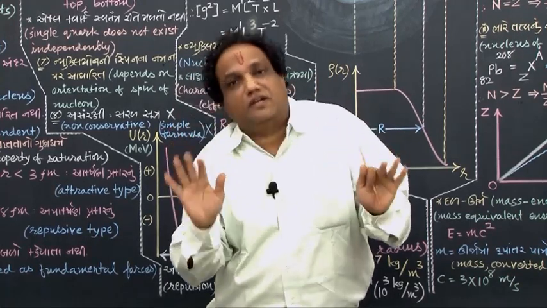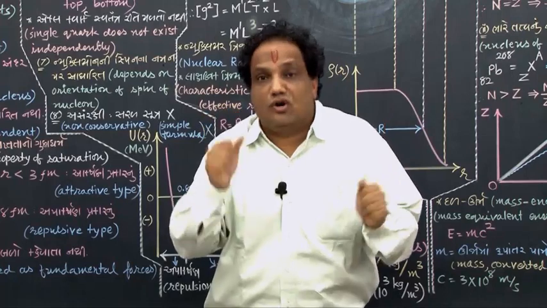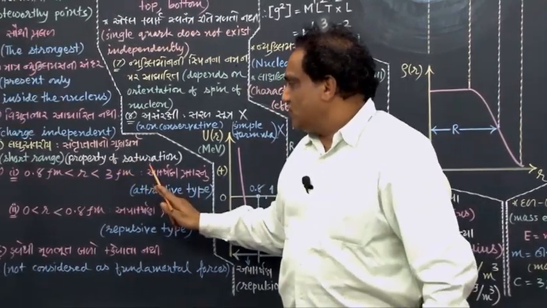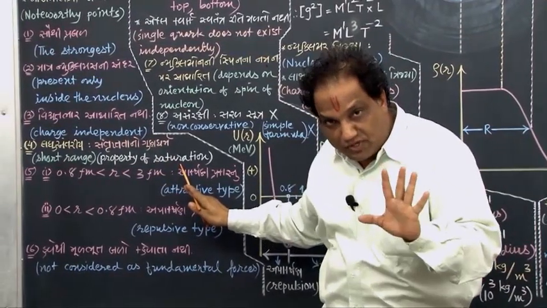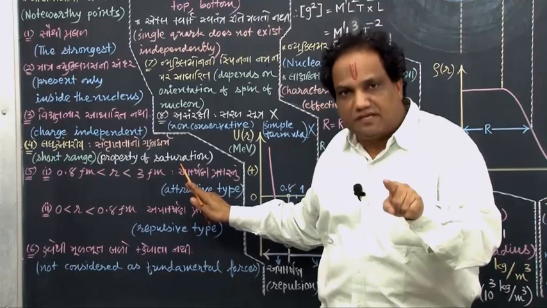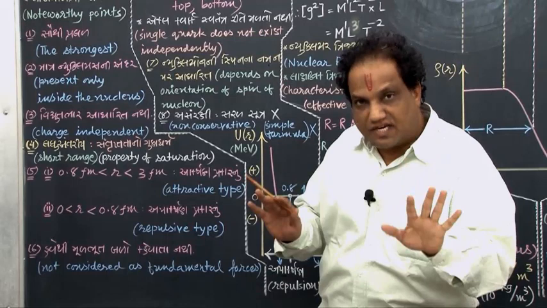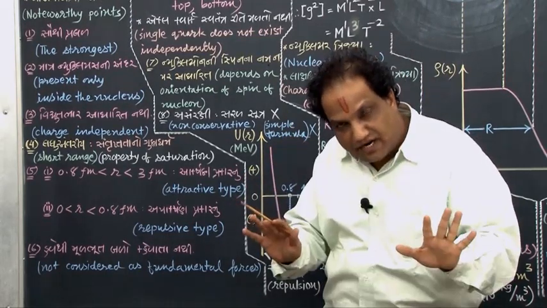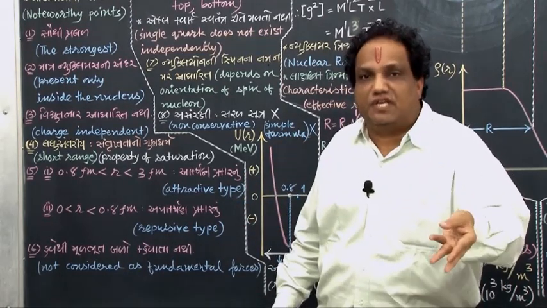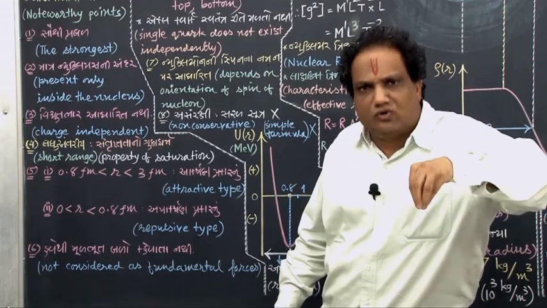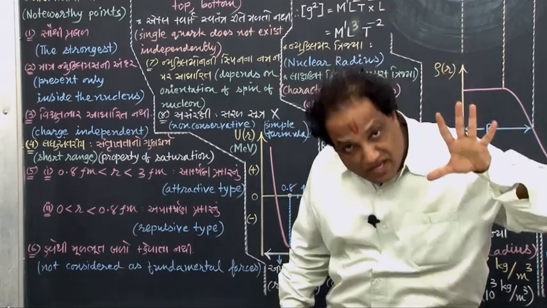They are saturated. That's why this fact is called the property of saturation. Because of this property, nucleons get satisfied, they get saturated while exerting nuclear forces on very closely lying neighboring nucleons only.